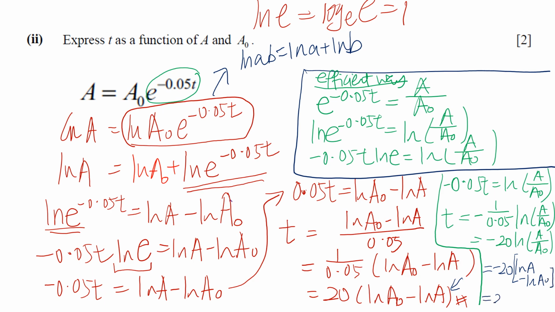That will give you 20 ln A subscript 0 minus ln A. Sorry for squeezing everything through, but you can see that they are the same answer. So whichever method you're comfortable with, you just use it. But for myself, I think I'll use the one in green ink.